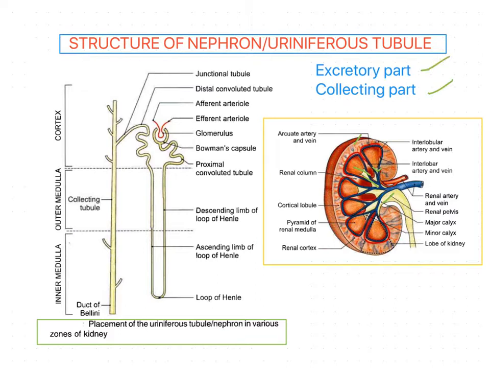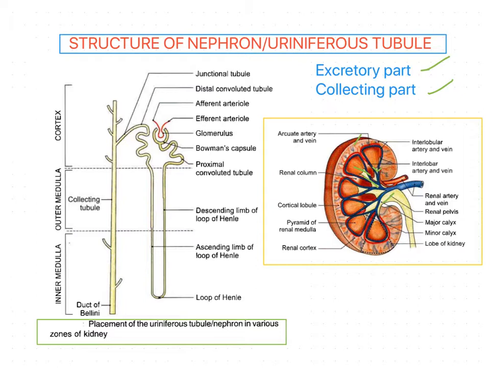The excretory part is called the nephron, which elaborates urine, and it consists of a renal corpuscle or Malpighian corpuscle.